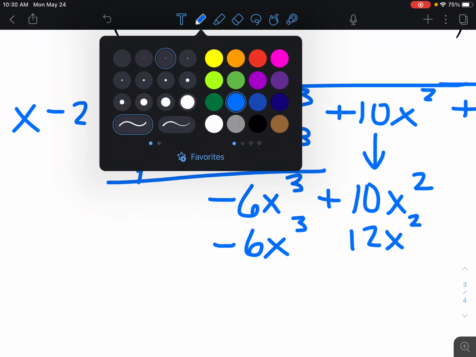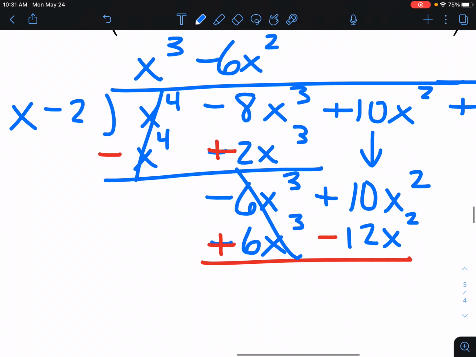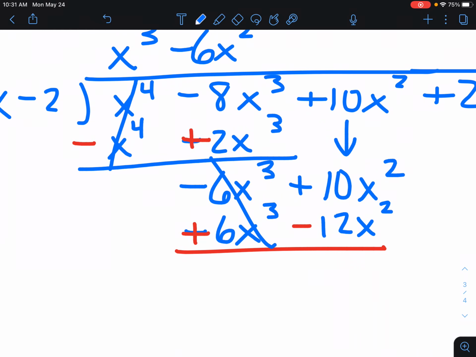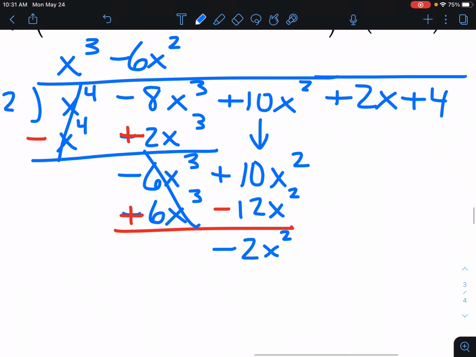Now we're going to subtract the bottom row. Cancel the first column because they add up to 0. And then the next column, 10 minus 12 would be -2x squared. Bring down your next term.